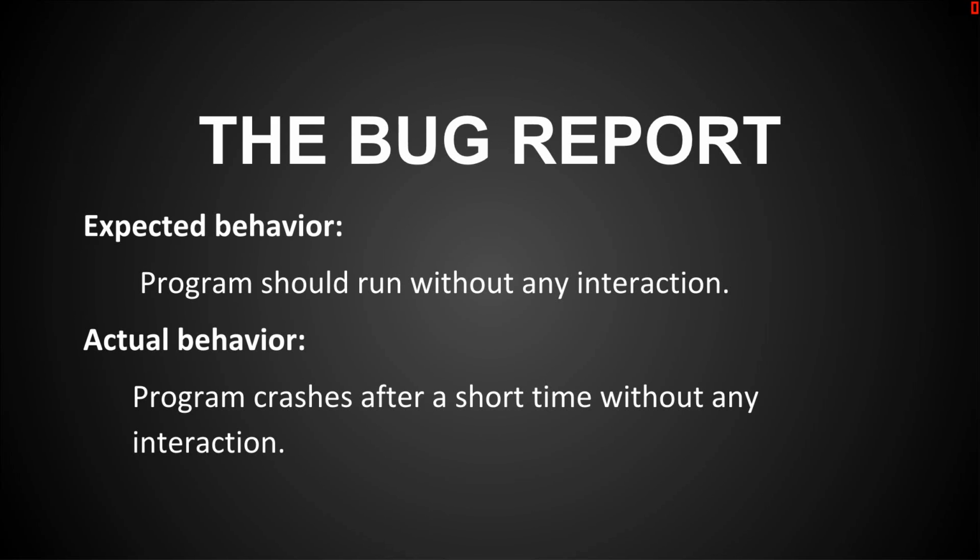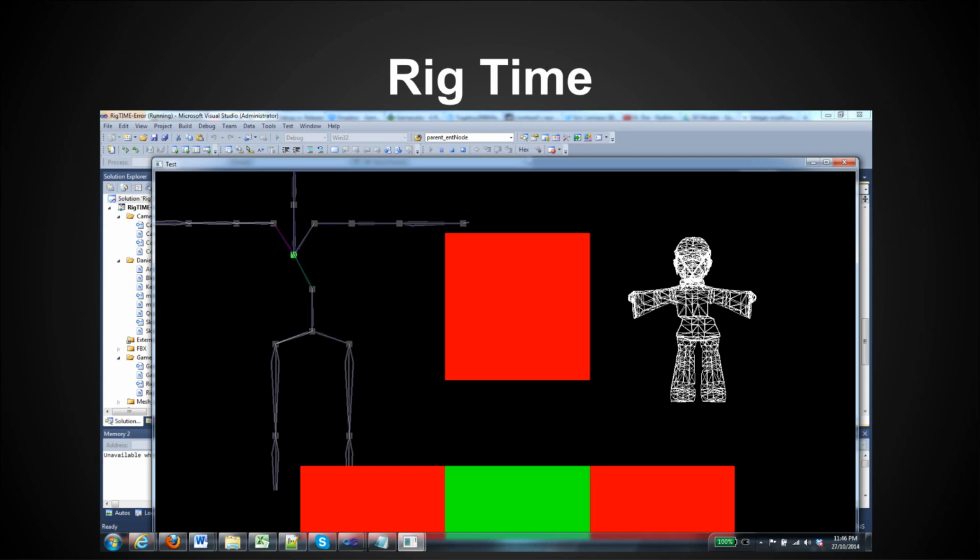The actual behavior of the program is that it crashes after a very short time regardless of user interaction. This crash takes place about 20 to 30 seconds after running the program in debug mode.